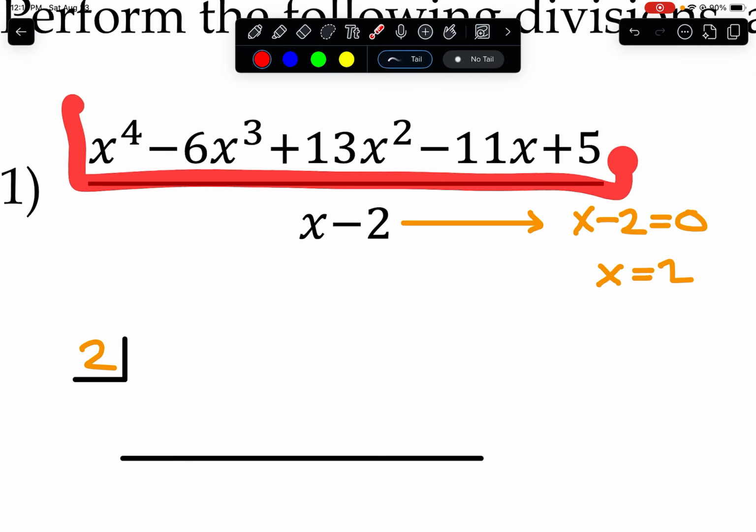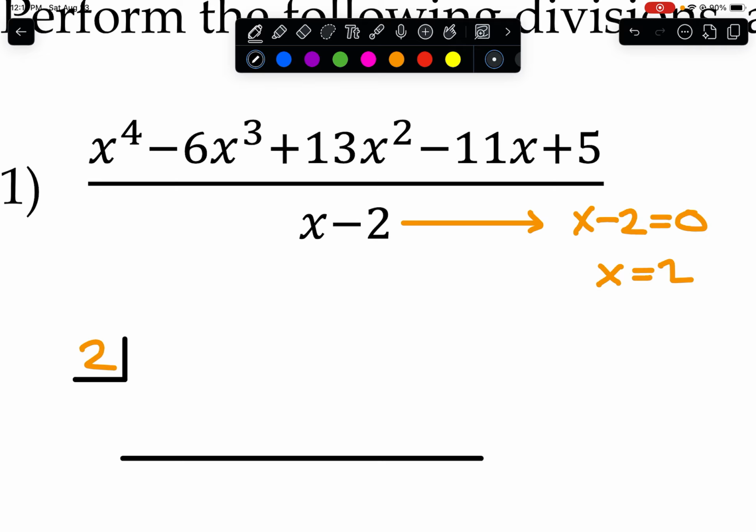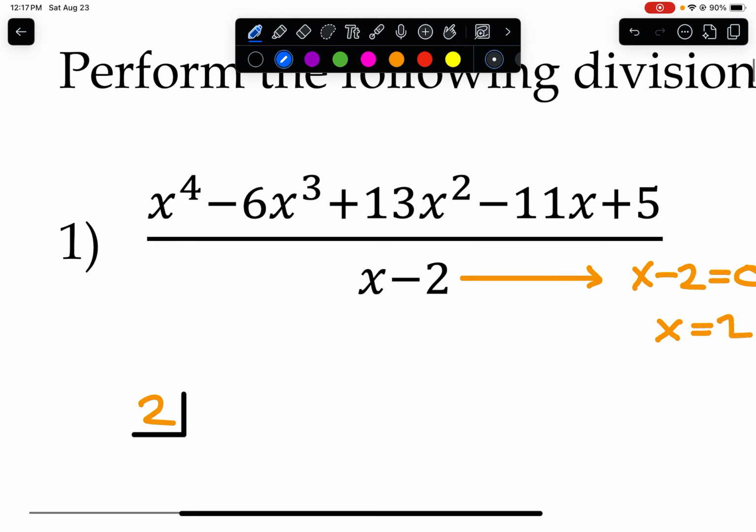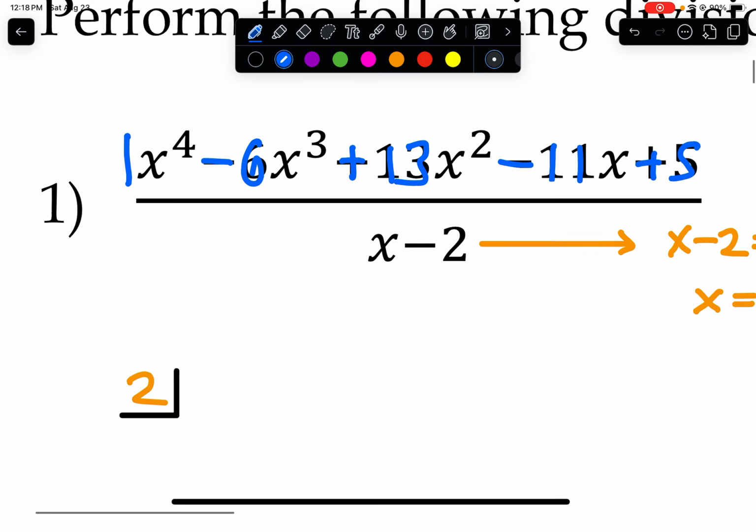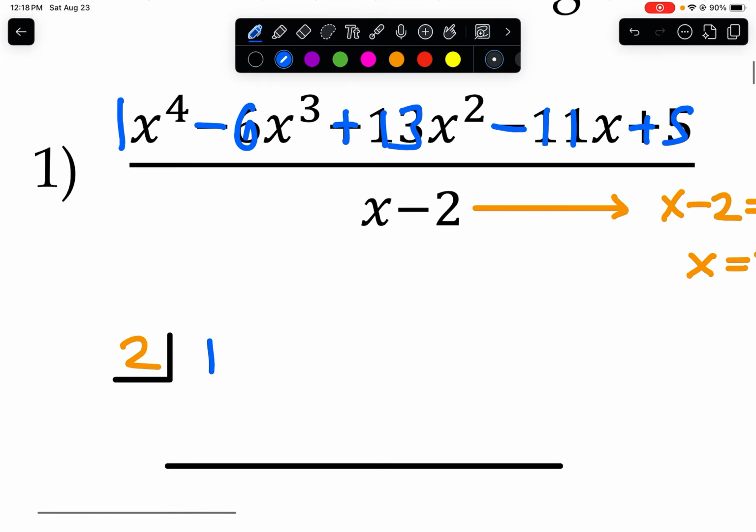Now when I say the coefficients, they have to be in descending order, and you will possibly need to fill in any 0 coefficients as needed. So looking here, I have x to the 4th, which means I'm going to have a coefficient of positive 1, and then a negative 6, and then a positive 13, a negative 11, and a positive 5. So those are the corresponding values I'm going to write across for synthetic.